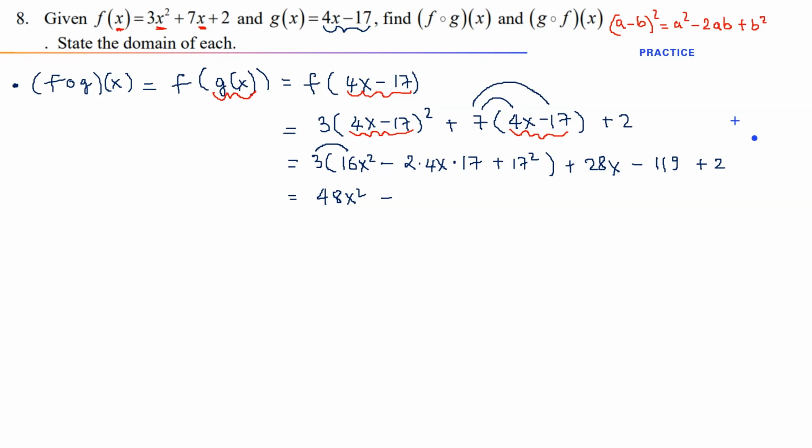That will be 408x, that's the next term. Now plus 3 times 17 squared, that will be 867. Okay, rewrite this one more time: plus 28x minus 119.